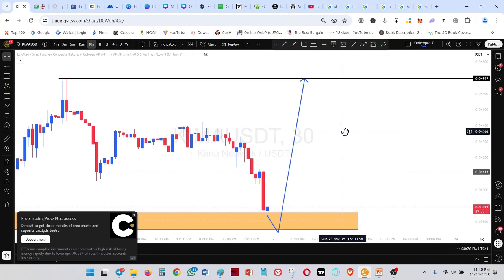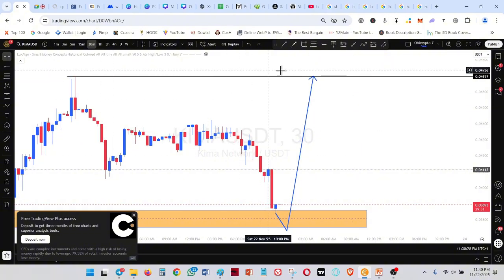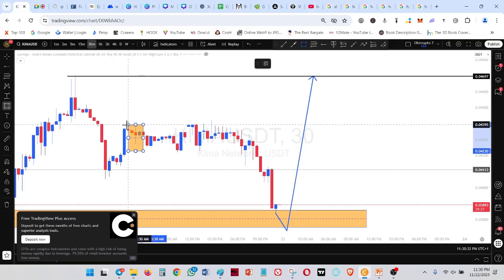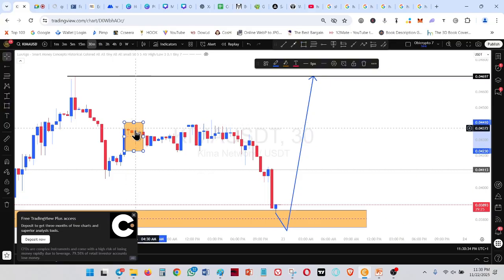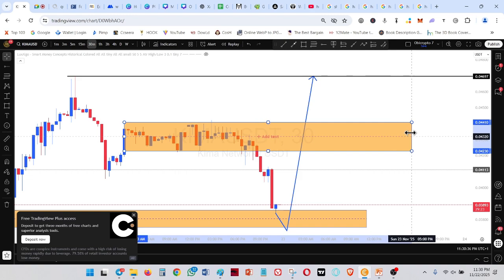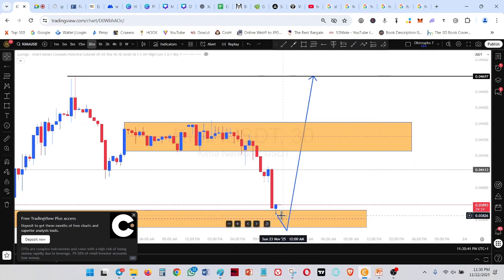But first of all, we have this supply zone here. So you can have it do this, and it may come like this.